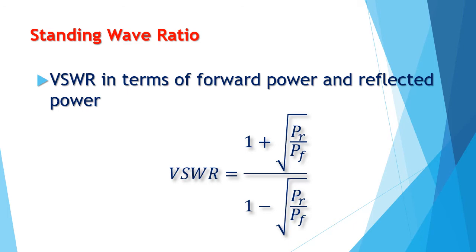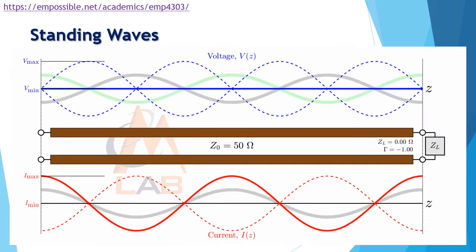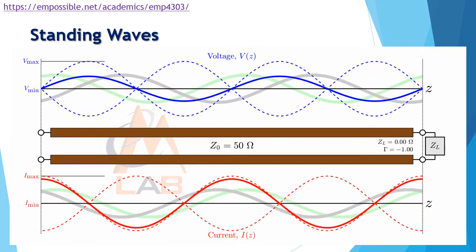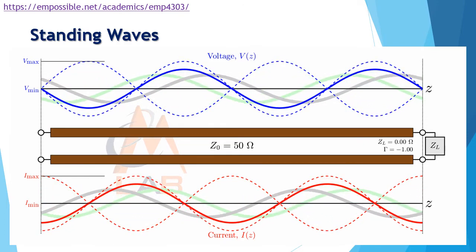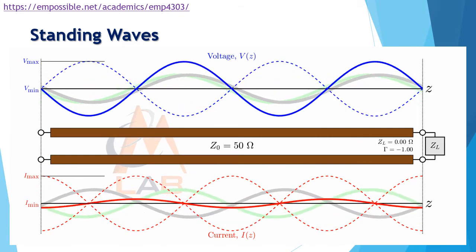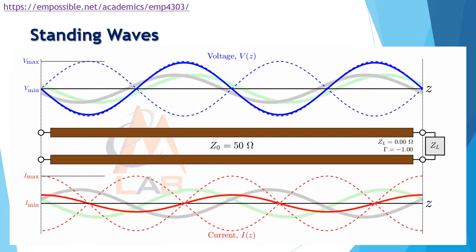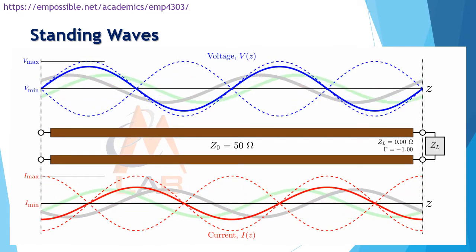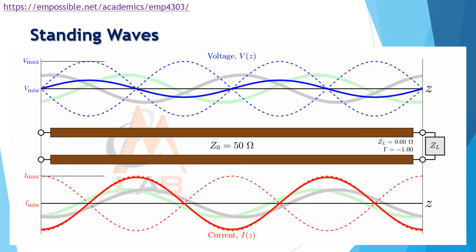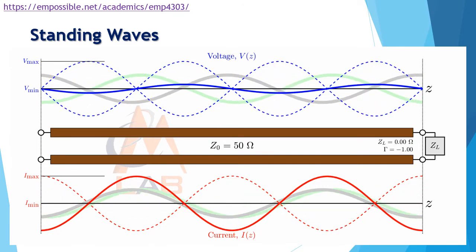This animation shows the standing waves wherein the transmission line is terminated by a short circuit. As you can see, Z sub L equals 0 ohms. The transmission line itself has a characteristic impedance of 50 ohms. If you look at the voltage standing waves, we have minimum points and maximum points, same as with the current standing waves.